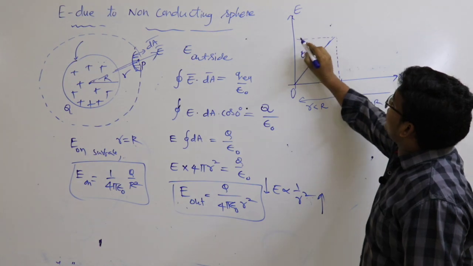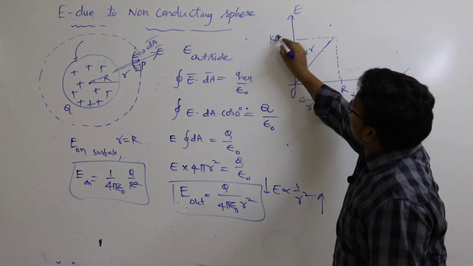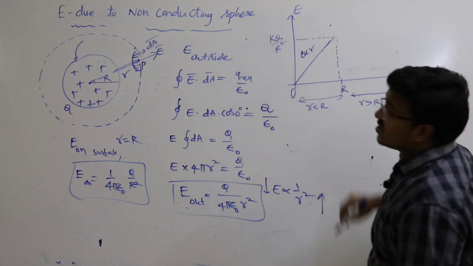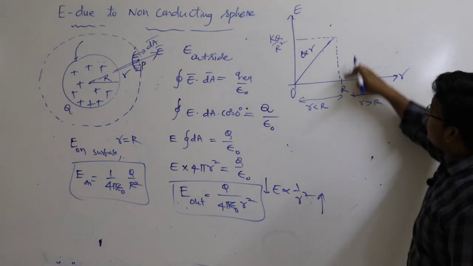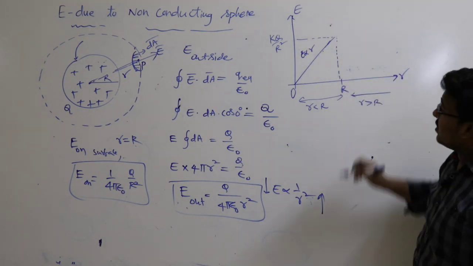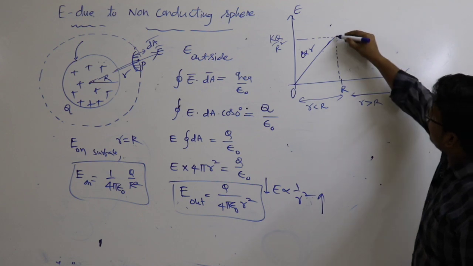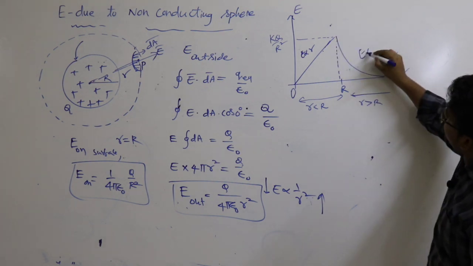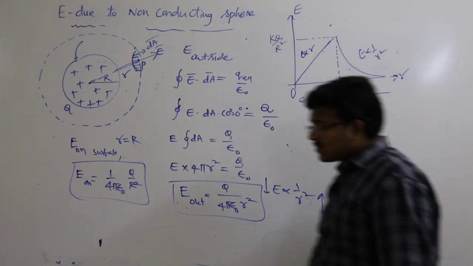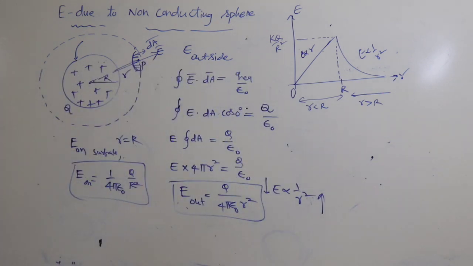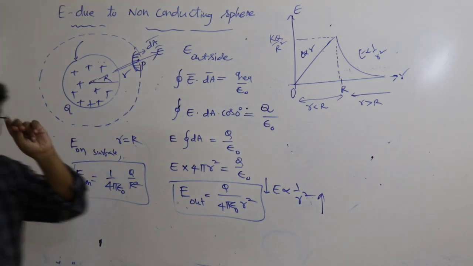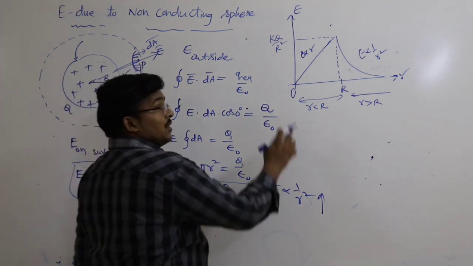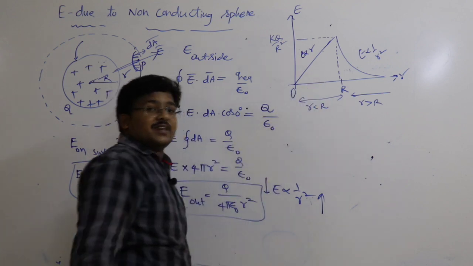At the surface, E is kq by R square, which is maximum. So on the surface the electric field is maximum. After that, E is inversely proportional to r square. So this is the graph of electric field versus distance for a non-conducting sphere. The difference between conducting and non-conducting is that in a conducting sphere the electric field is 0 inside.